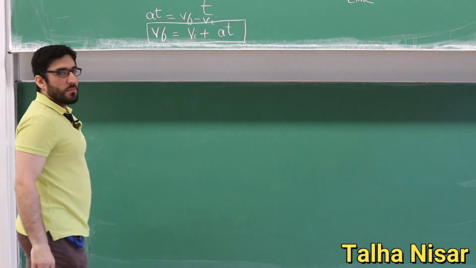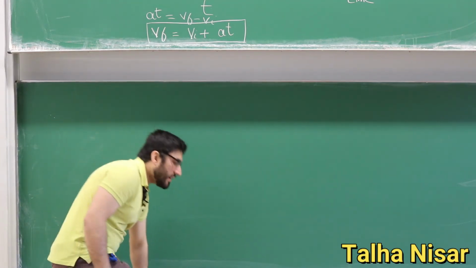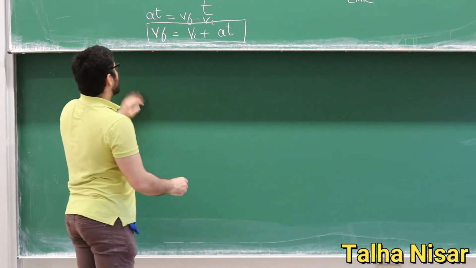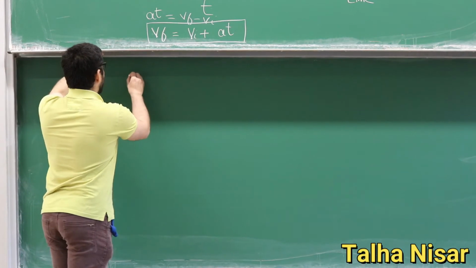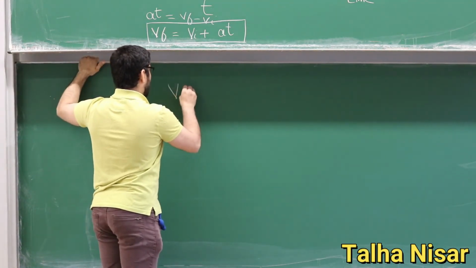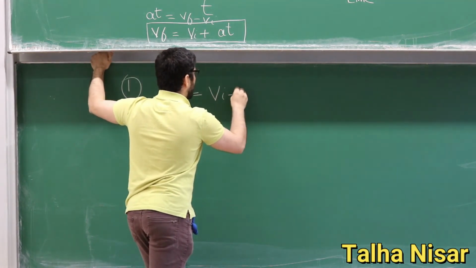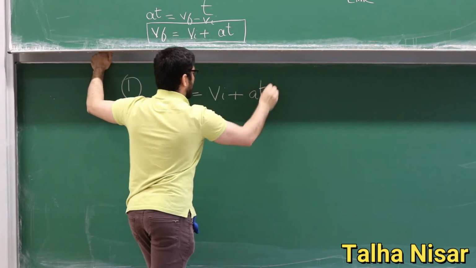You need to remember this first equation of motion. It will be used in the later lectures. This is important. So the first equation is vf equals vi plus at.